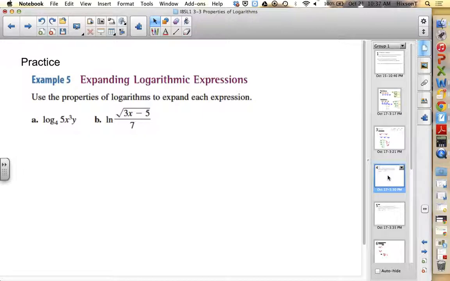The 3, only the x is cubed, so it would only go with this. And you lost your 5 in there. That one's good so far. Keep going with that one. How do you expand this? Do you just multiply like this?